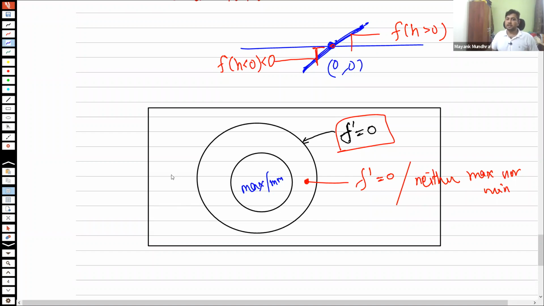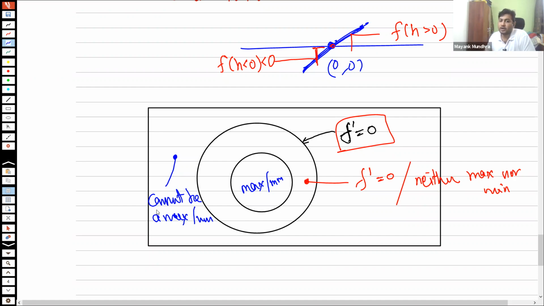which means that any point here cannot be a maxima or minima. Remember, we are talking about interior points where the function is differentiable and all those things. We are not talking about boundary points. You can have a boundary point which does not satisfy this condition and yet be a maxima or a minima. I'm talking about interior points only right now.